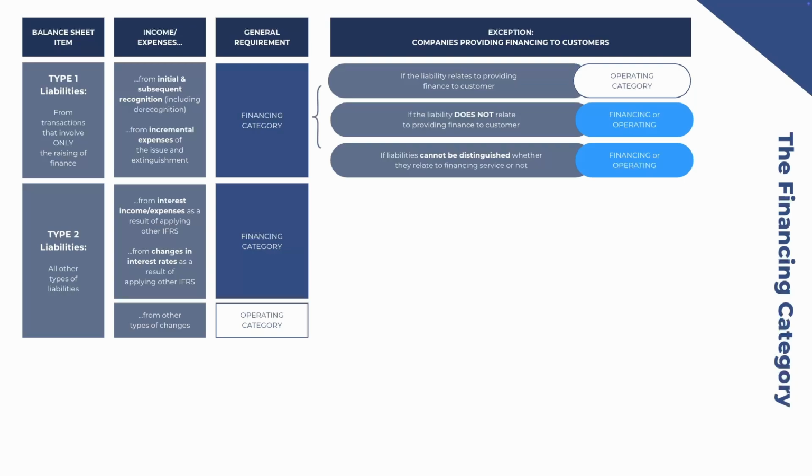Normally it's the type 1 liabilities that are used for providing financing to customers. So the exception is that for type 1 liabilities, if the type 1 liability relates to providing financing to customers, then the income and expenses from that liability go into the operating category.